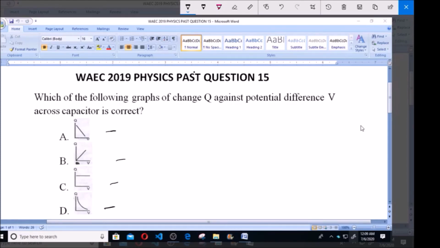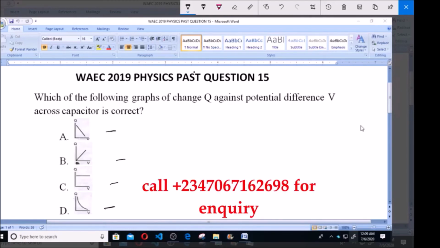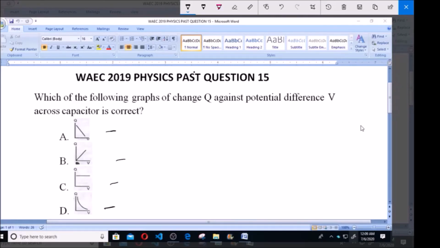The graph of Q, which is the quantity of charge, against the potential difference is supposed to be a direct proportional graph.